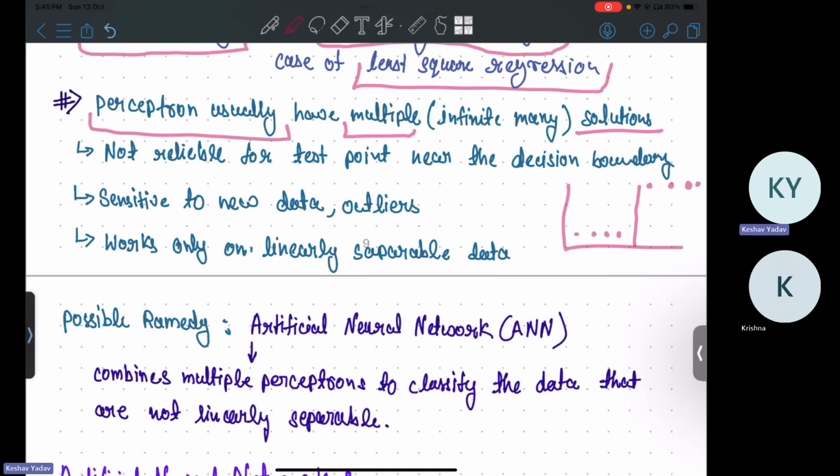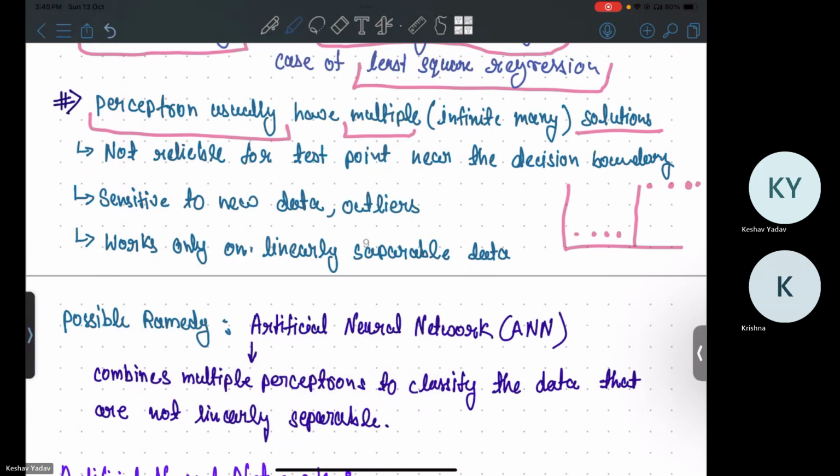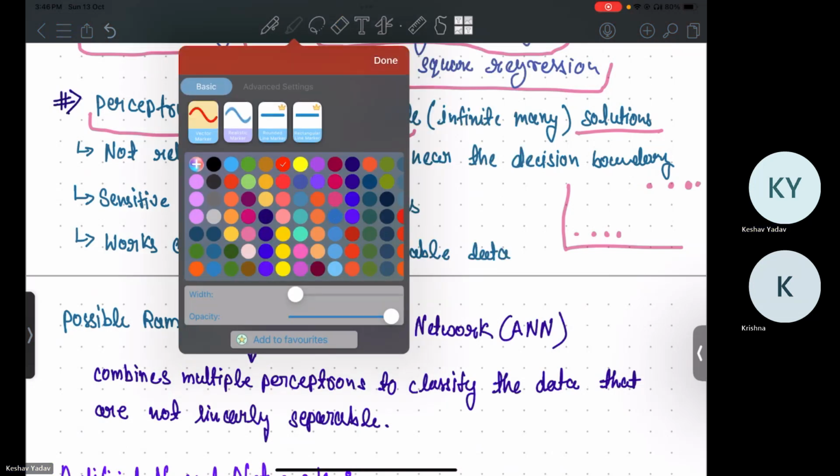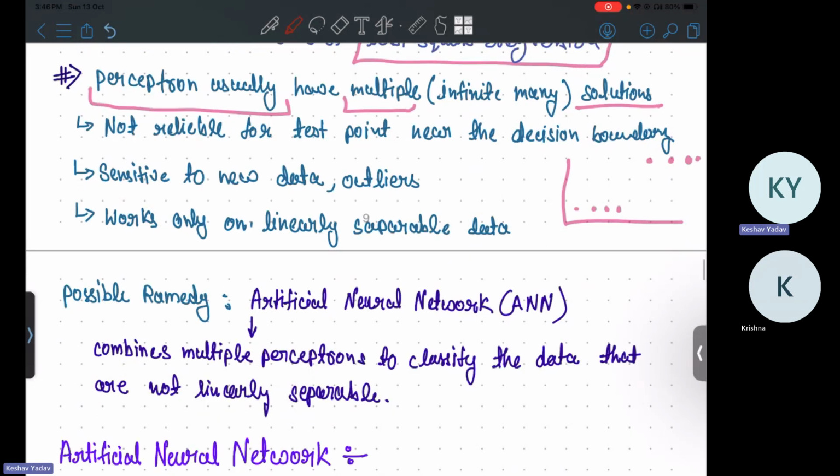What do we mean by multiple solutions? This solution is also possible, so if this one is a solution, this is also a solution, and this right one is also a solution. Like that, an infinite number of partitions can be possible. So this is one limitation with the perceptron, that it has multiple solutions.